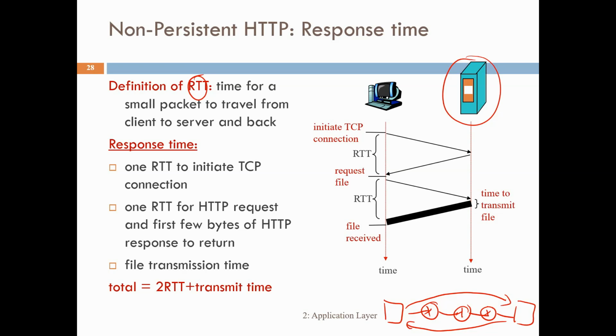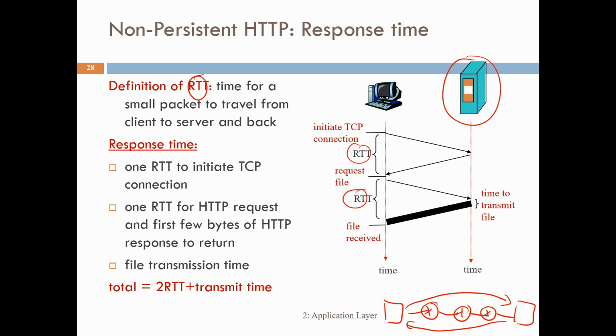Now, in non-persistent HTTP, you first open a TCP connection, as you see in this figure, and then you send an HTTP request and receive a response. How much time does this take in terms of RTT? You see here that we need 2 round trip times to get the response back, one for opening the TCP connection and another for sending and receiving the HTTP request and response.